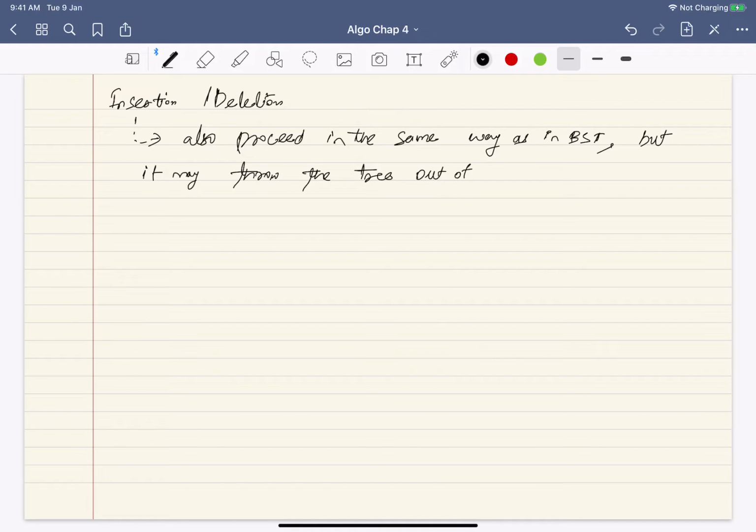It may happen that at some node your balance factor is no longer maintained. So that means some additional work is required to maintain the AVL property. And that is what we will see.